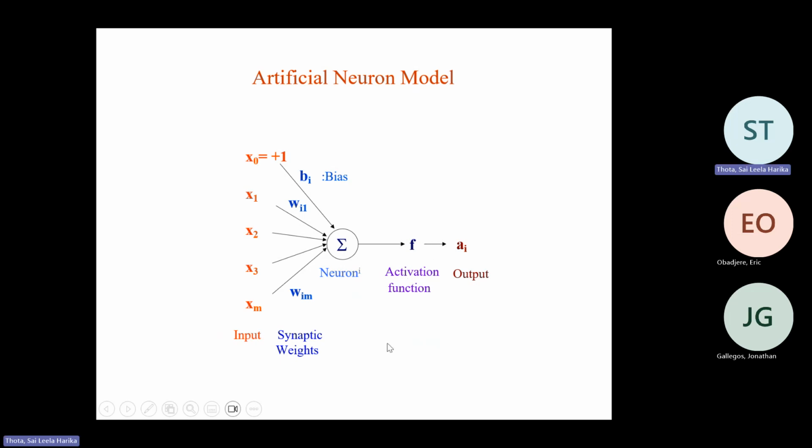Then we include the activation function, and this will be the output. So this is how a simple neural network is built: we have the input and the output, and this is the mathematical stuff inside while building any neural network.